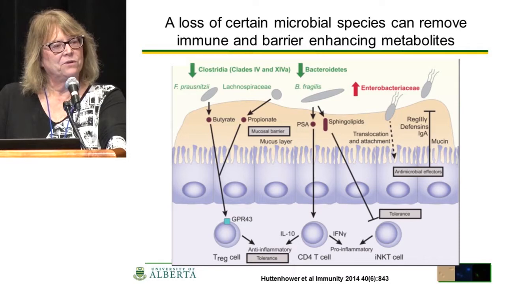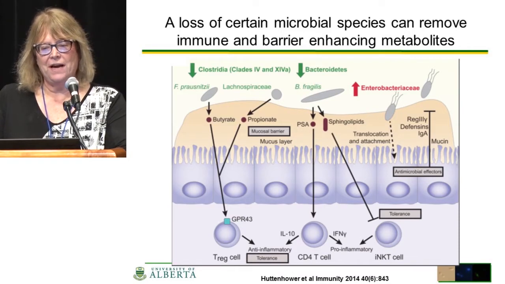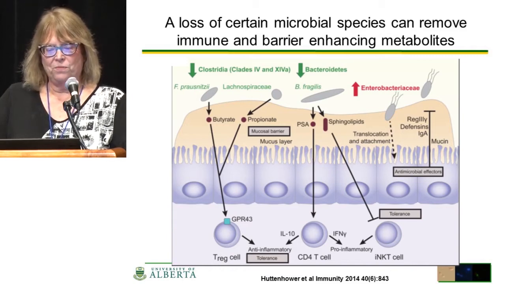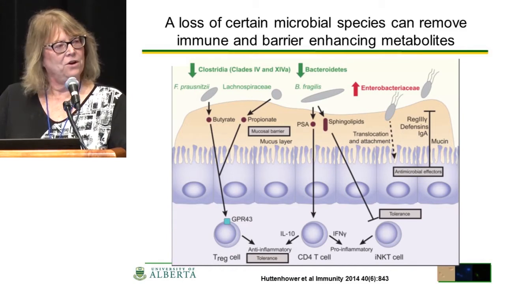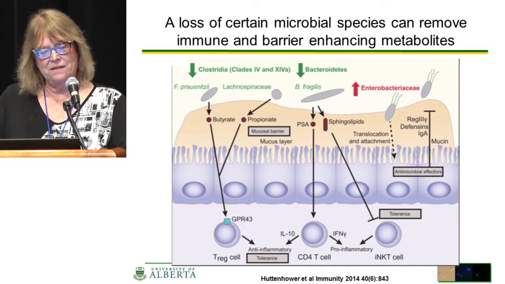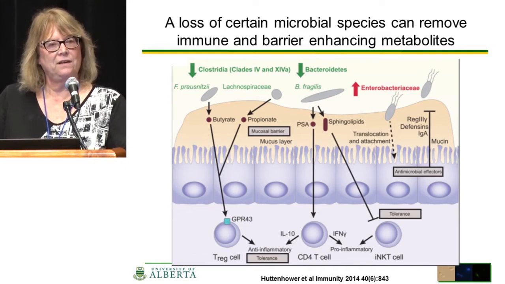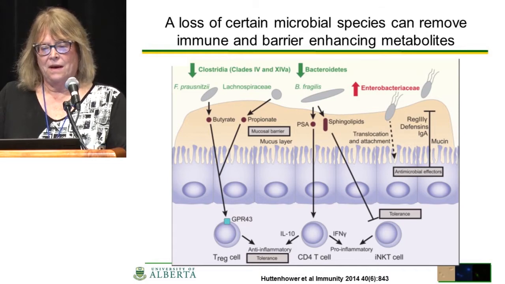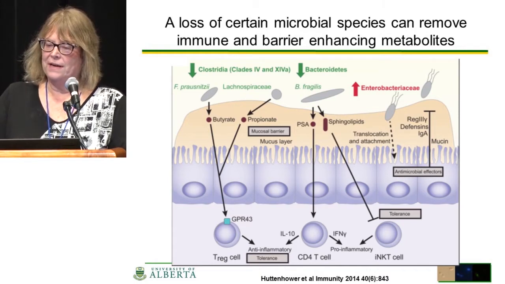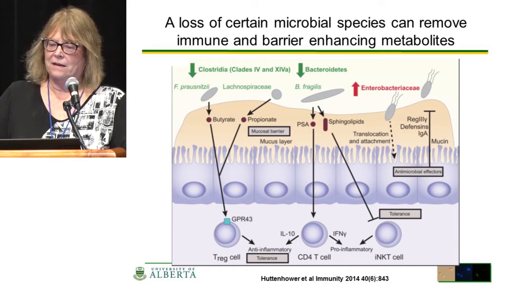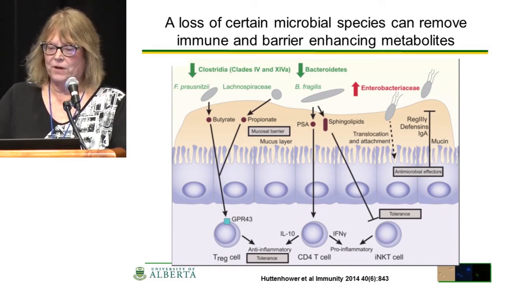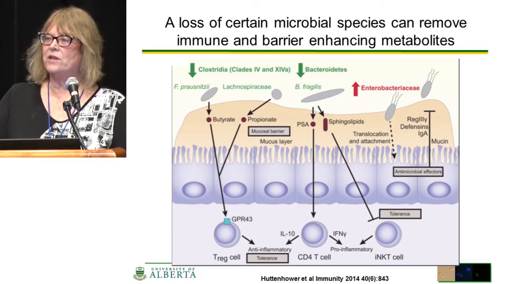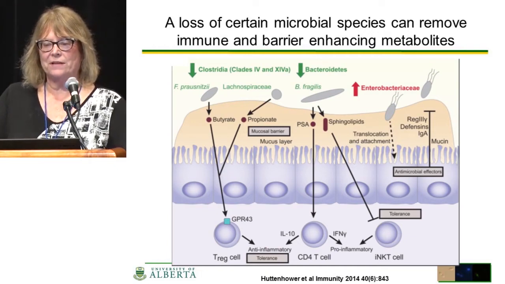When you lose your anaerobes, you lose your Lachnospiraceae, your butyrate, your propionate, your metabolites that are pushing the production of T regulatory cells to an anti-inflammatory state. Now you have all the Enterobacteriaceae. These are more inflammatory organisms, and they are invading and driving a more inflammatory response.